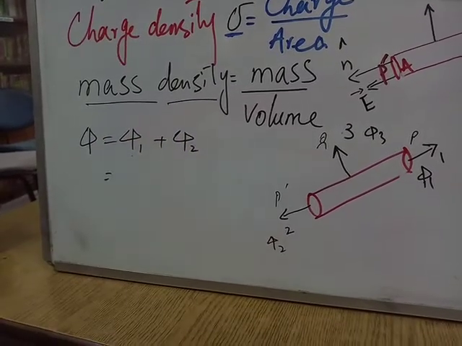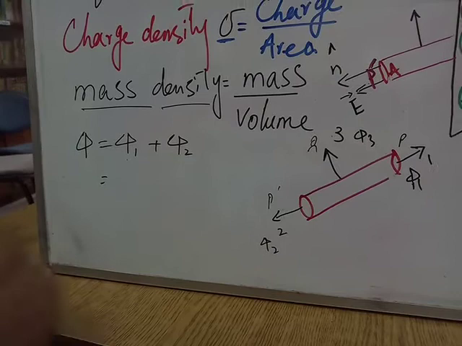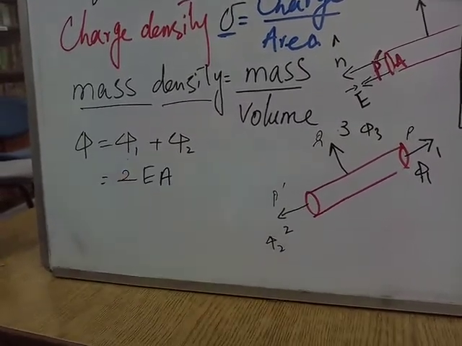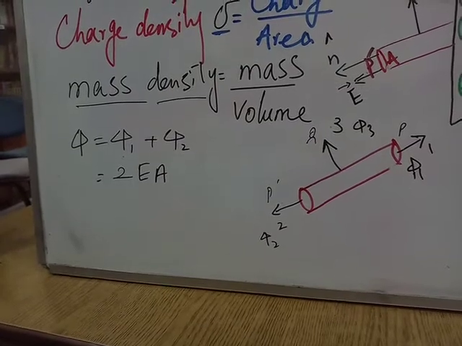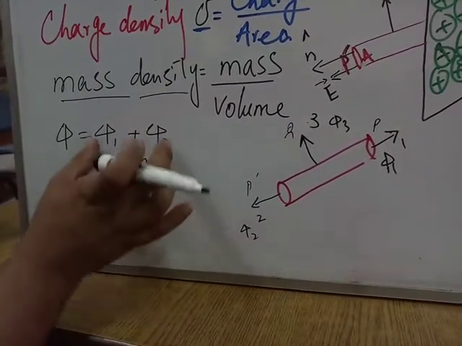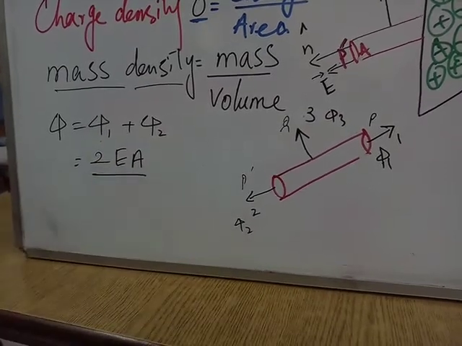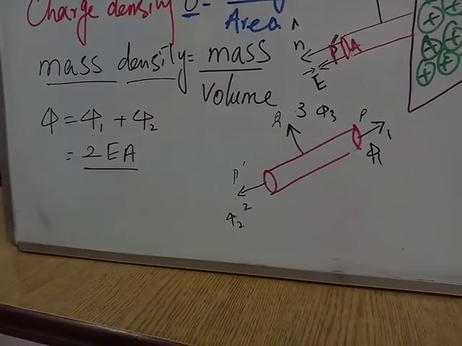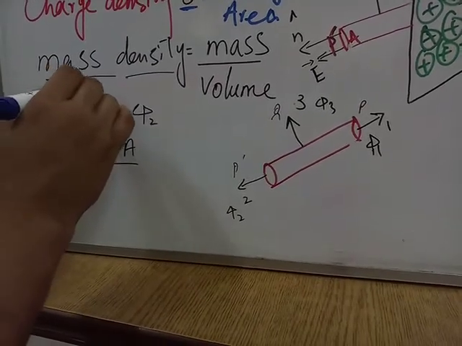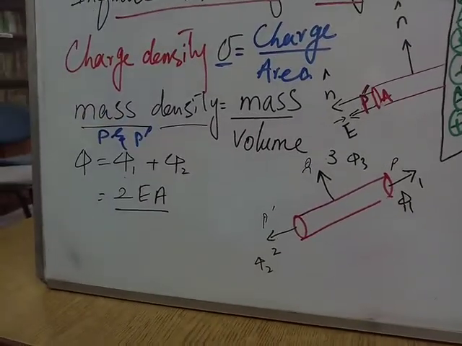By the definition of flux, it is equal to EA. EA and EA both added make 2EA. This is the flux for surfaces P and P dash.